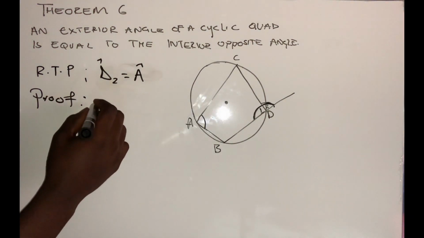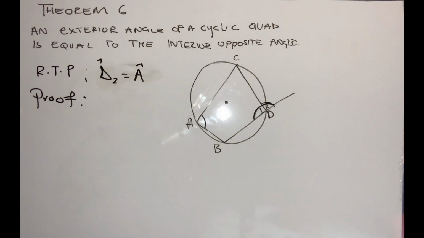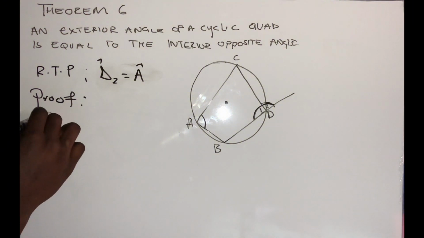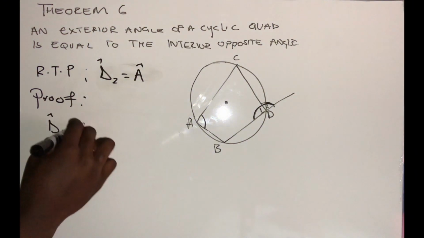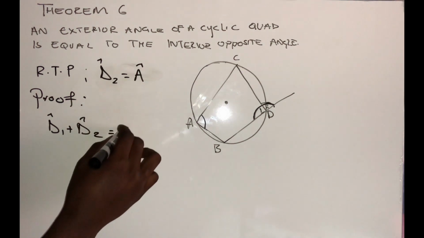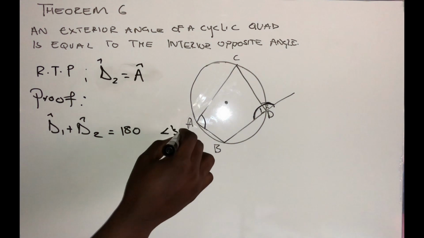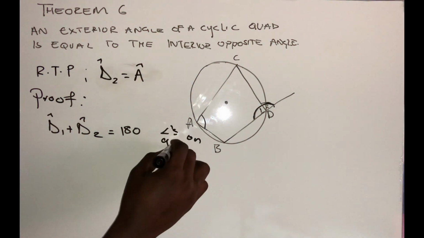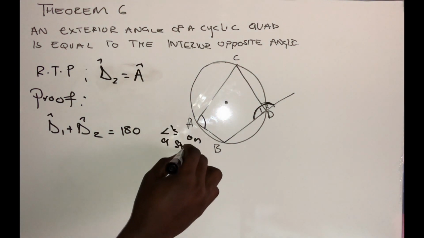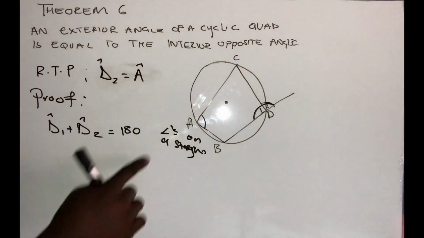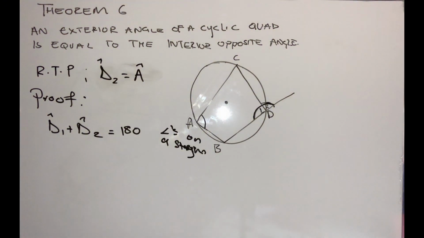So we have angle D1 plus angle D2 gives you 180. What's your reason? Angles on a straight line.